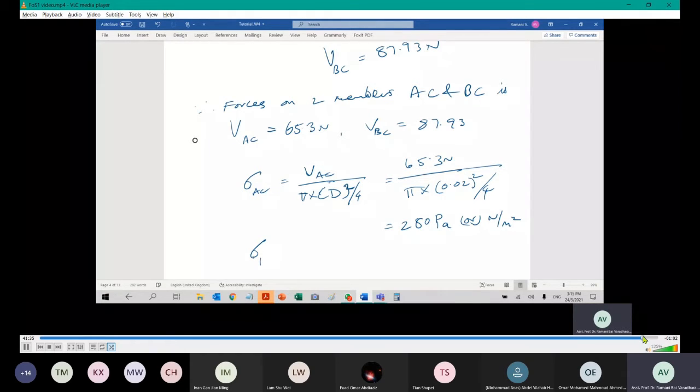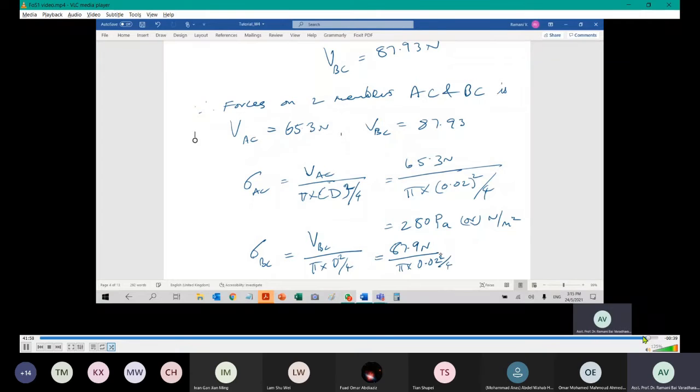Similarly, I can find the stress in BC is equal to VBC divided by pi d square by 4, which is 87.9 newtons divided by pi, same diameter. Both cables are of same diameter, so it is convenient to calculate the area in the beginning itself, so that you can easily substitute it at the end.